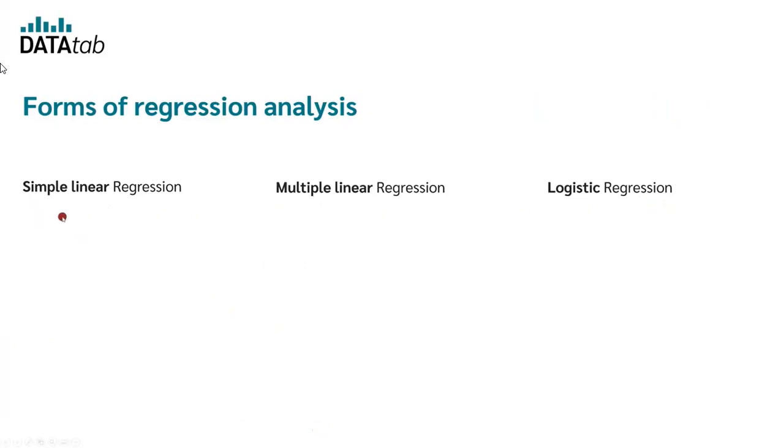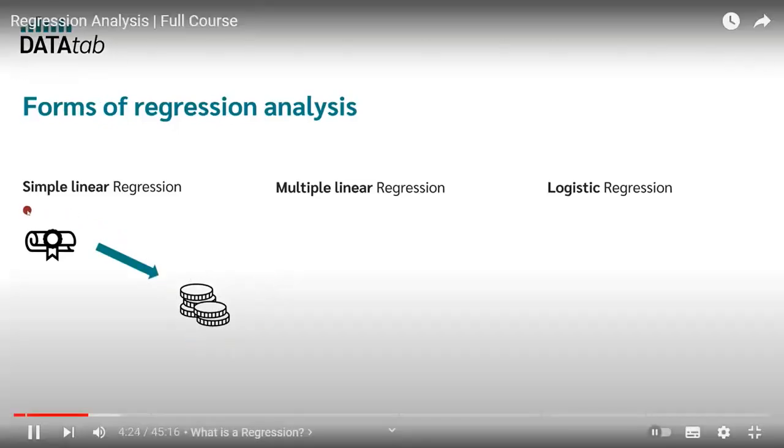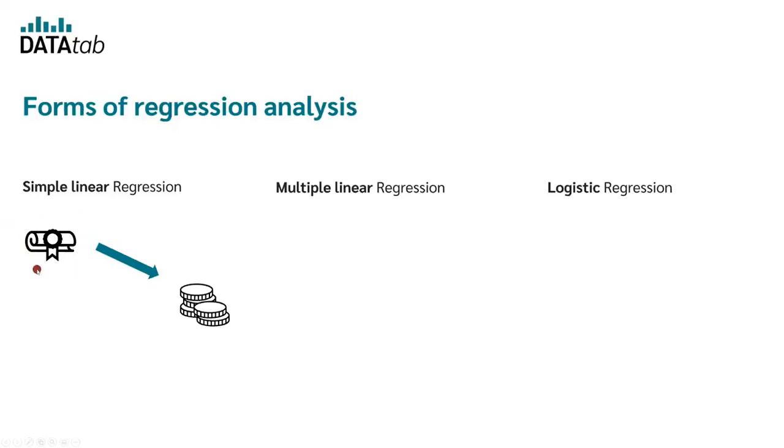In simple linear regression, you use only one independent variable to infer the dependent variable. In the example where we want to predict the salary of people, we use only one variable, either, for example, if a person has studied or not, the weekly working hours, or the age of a person.